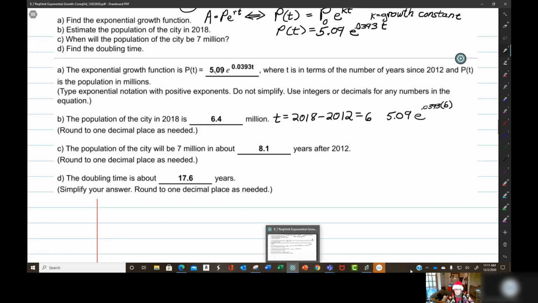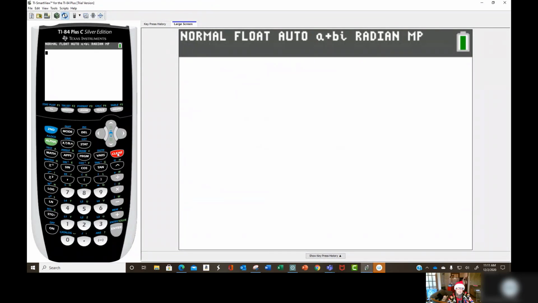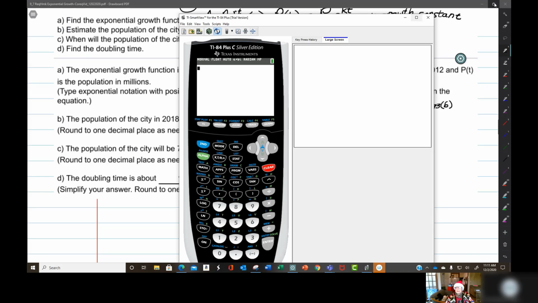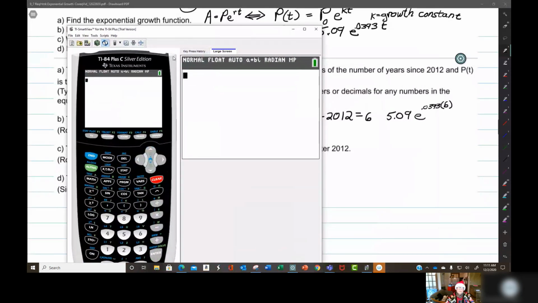So we're going to get to drag out the calculator again. Clear this, and I need to make this smaller so I can see what the numbers are. 5.09 e to the 0.0393 times 6.